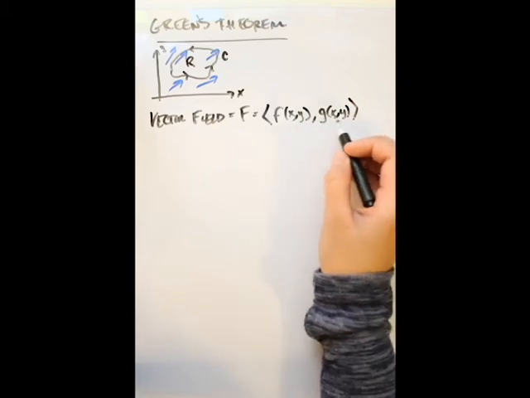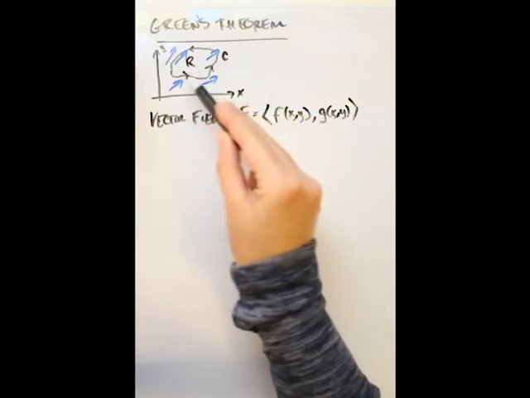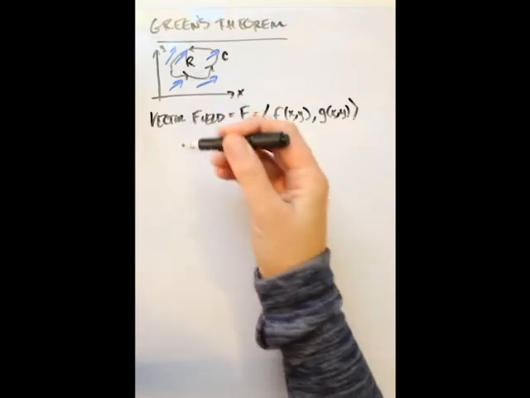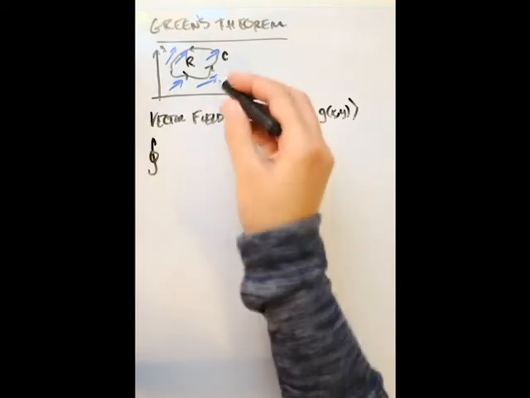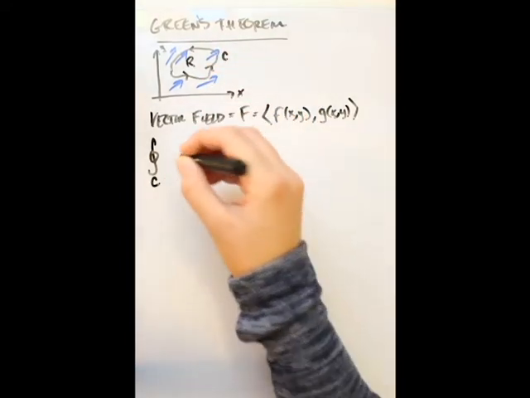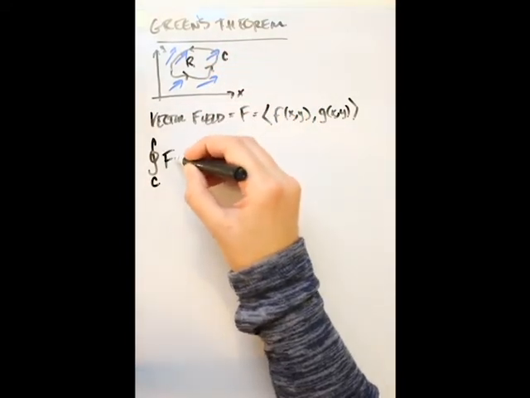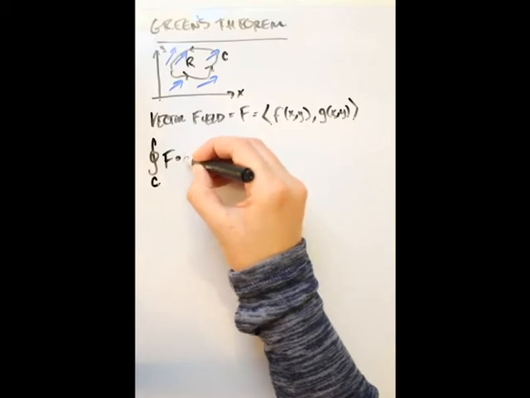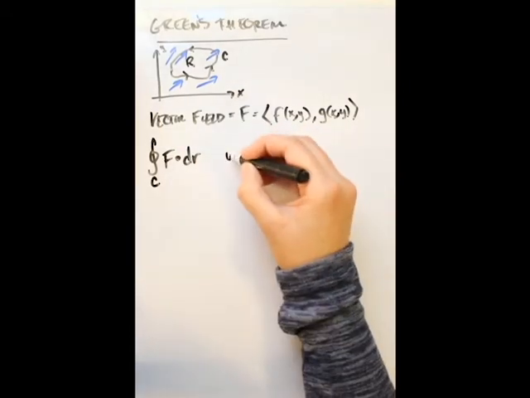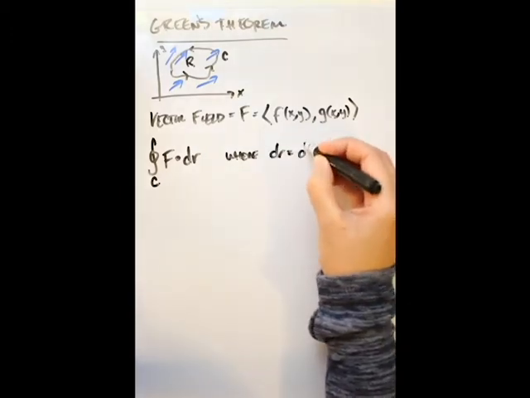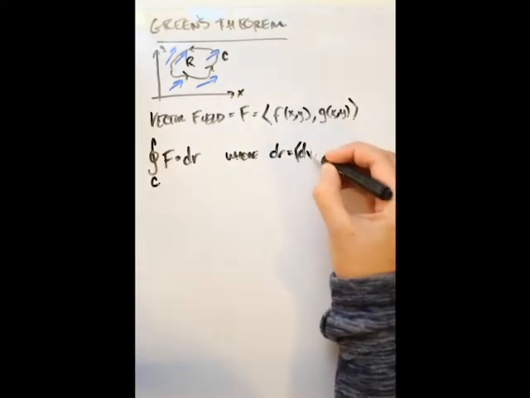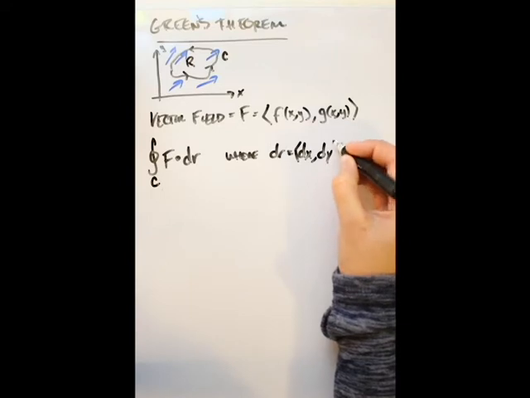Little f and g have continuous first partial derivatives in this region R. So we are interested in the line integral over our closed curve C of F dot dr, where dr is the vector dx, dy.